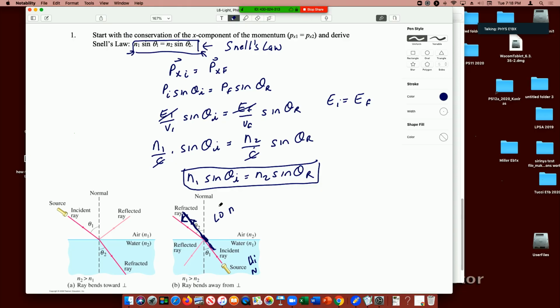There's this magical point called the critical angle, where the light completely internally reflects. Why don't you sing out when you think I've gotten to that critical angle? Let me start with a small angle, and I'm going to increase it.